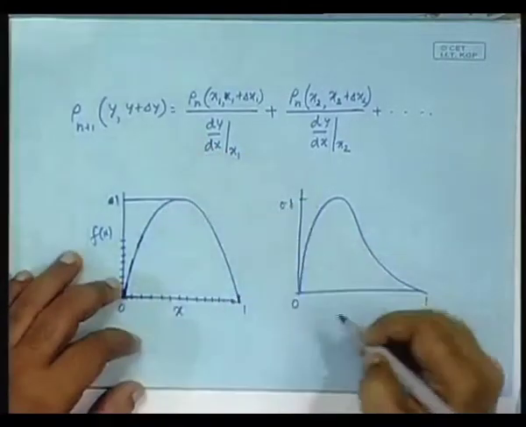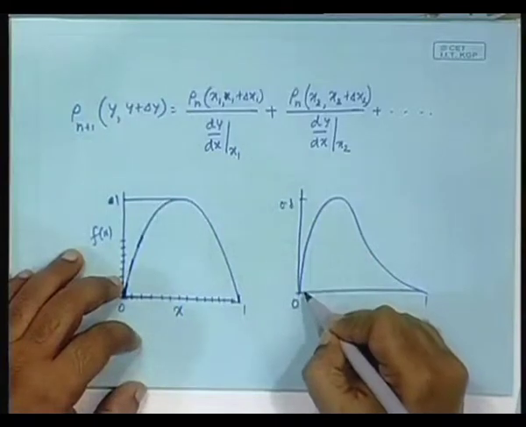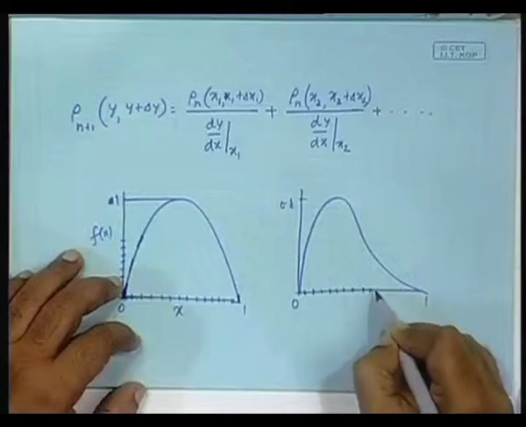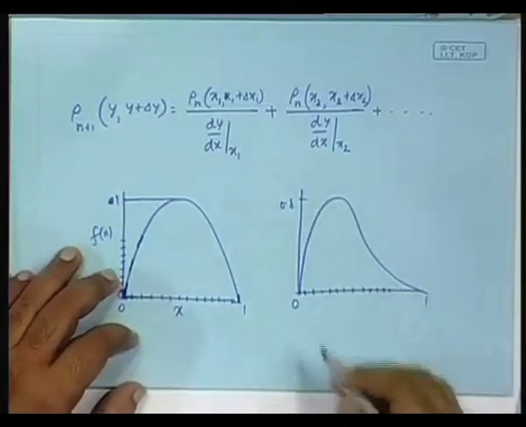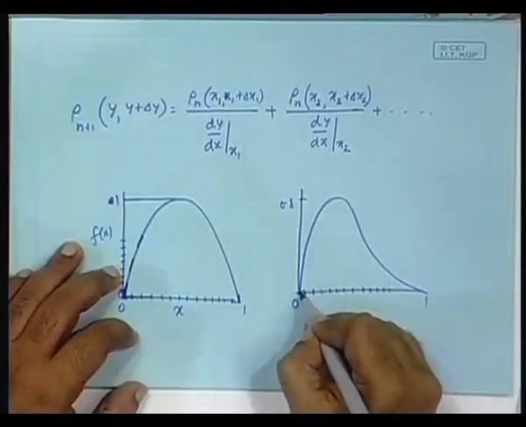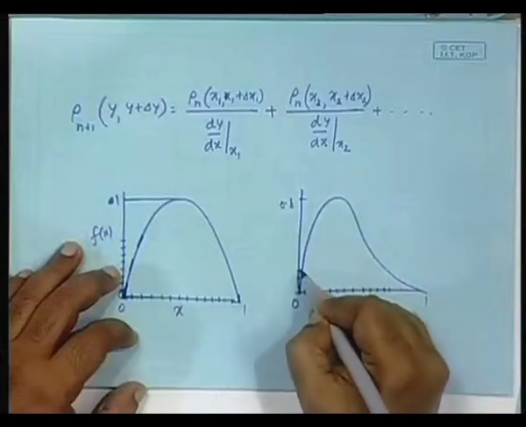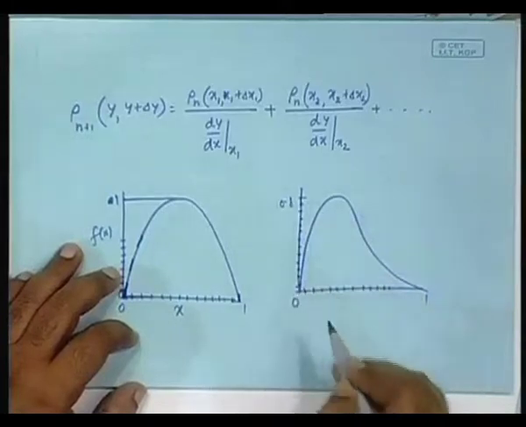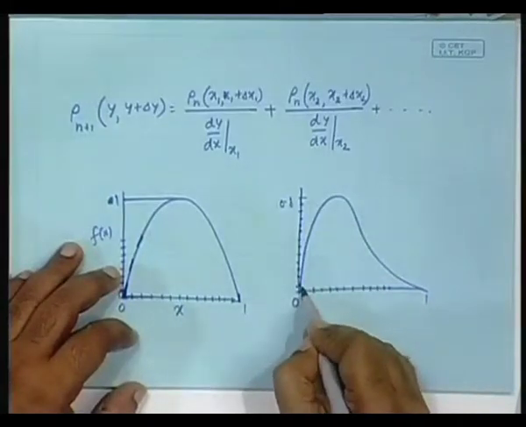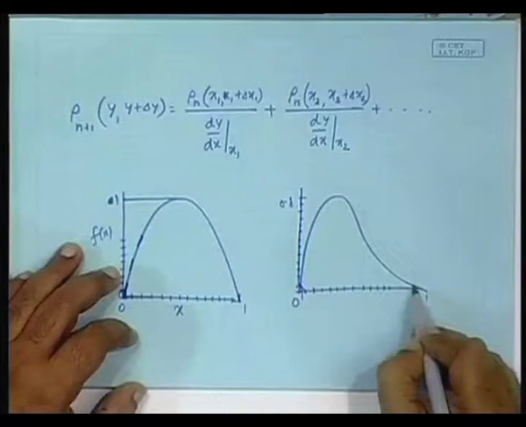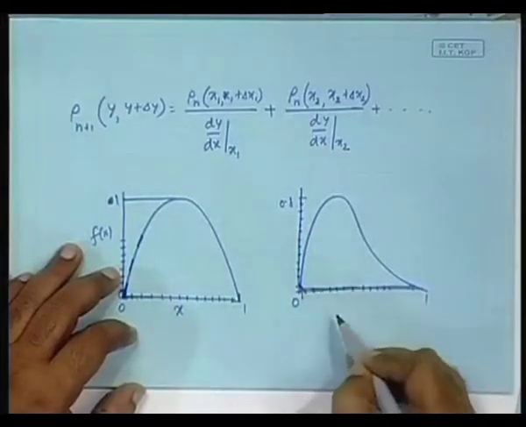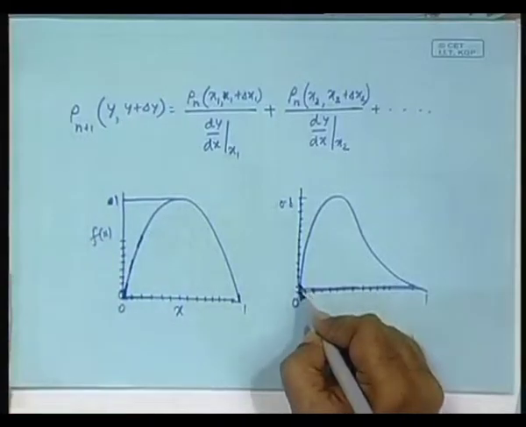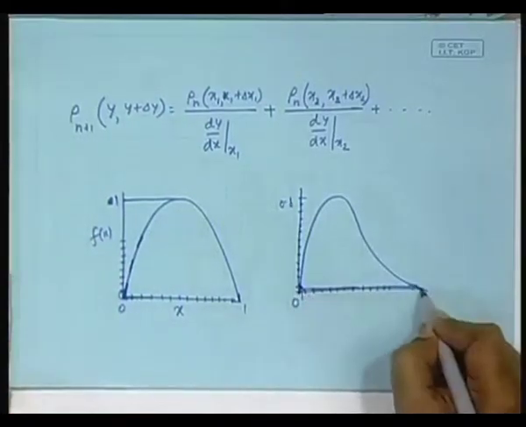In that case, what you do is, from here you again divide this range into bins. For this particular bin, and on this side there will be similar bins. For this bin, where does it come from? It comes from either here or here. So, you have to add up the two slopes here and here.